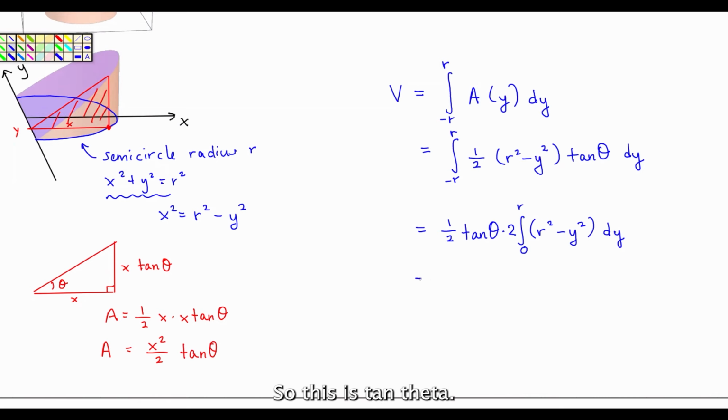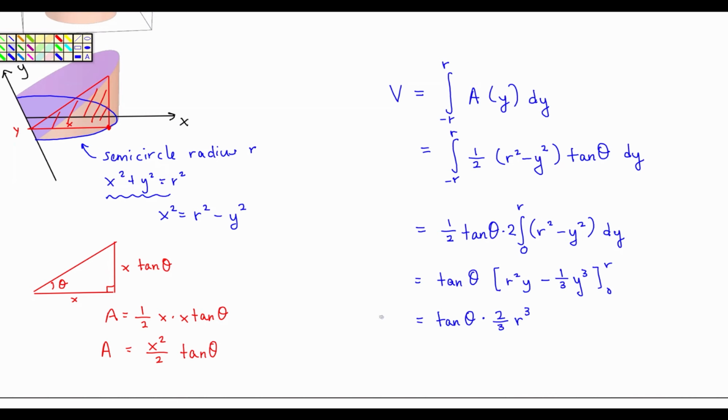Okay, so this is tan theta times r squared y minus 1/3 y cubed, evaluated from 0 to r. This is tan theta times 2/3 r cubed.